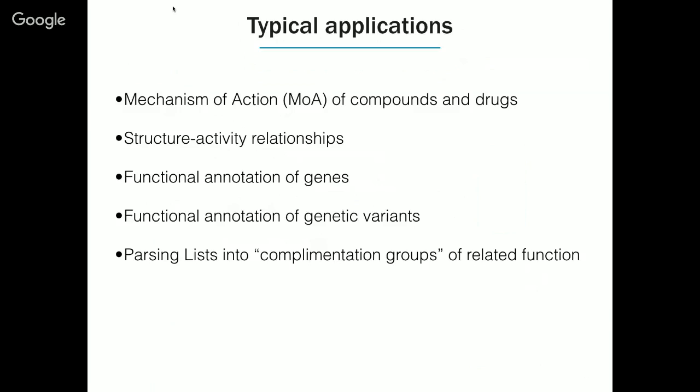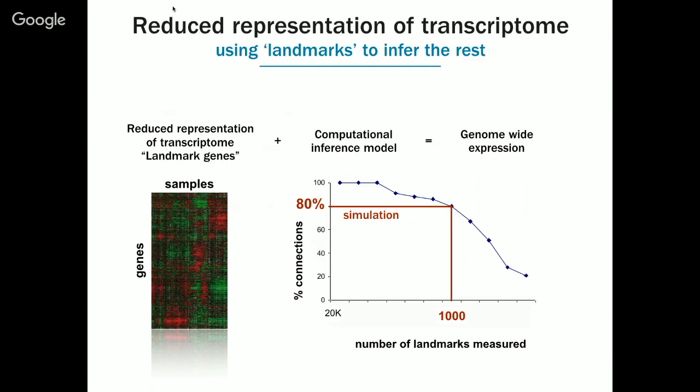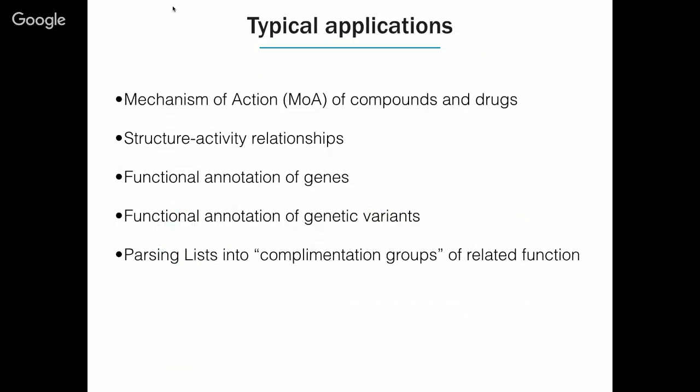So there are a number of applications, all of which are geared towards understanding how biology works in terms of the genetics of a cell, as well as how those genetics interact with therapeutics developed by the small molecule and drug discovery community.